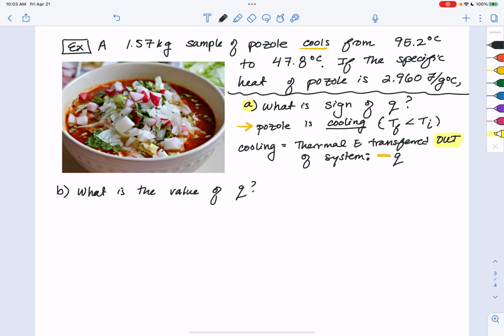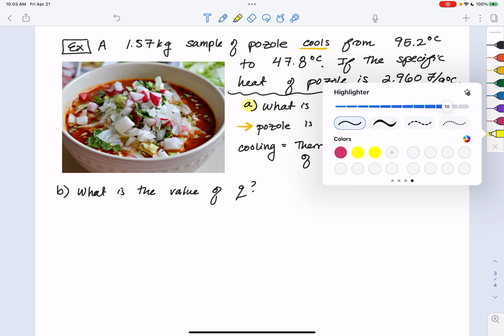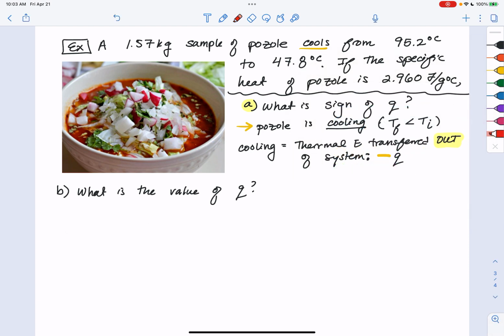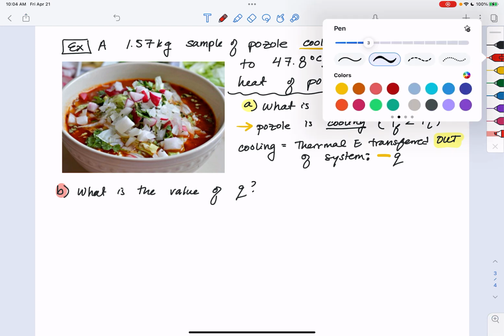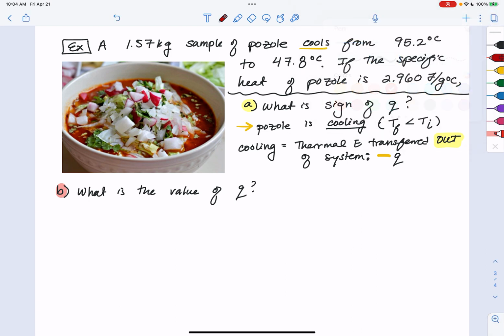Let's actually use our Q equals mc delta T equation to determine in part B the actual value of heat. So what is Q? We're going to write out our Q equation.